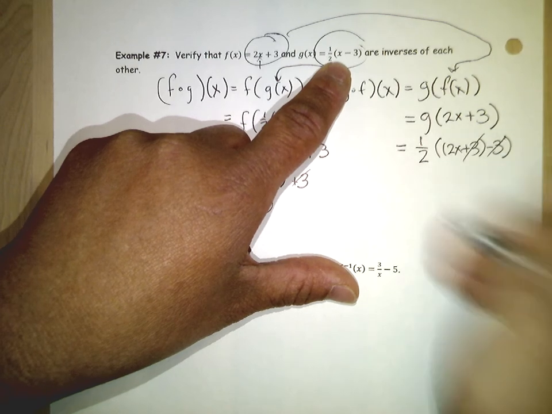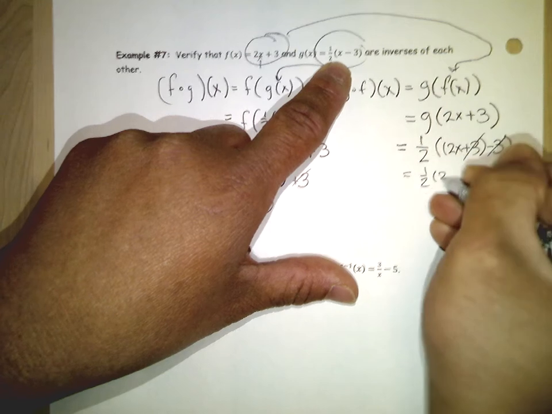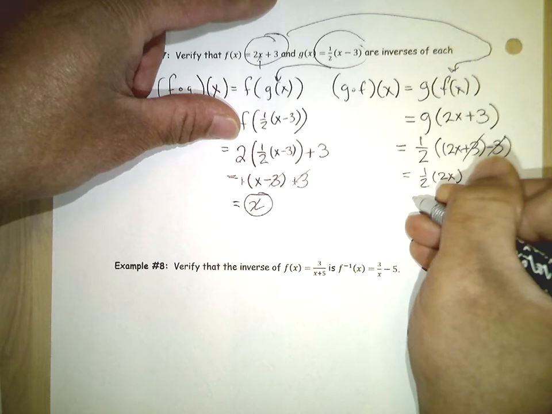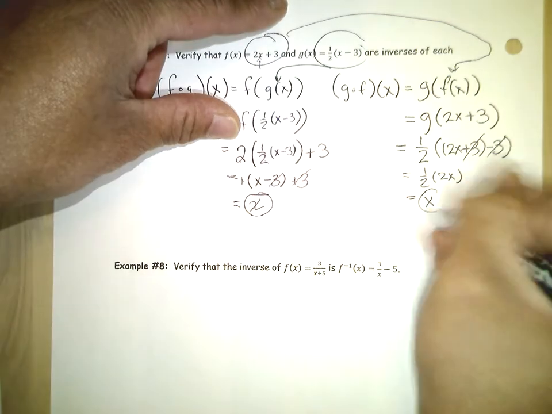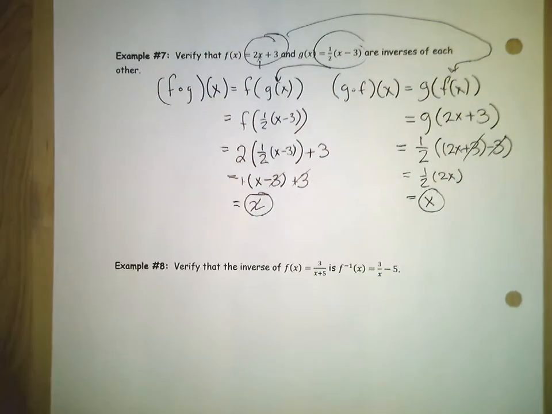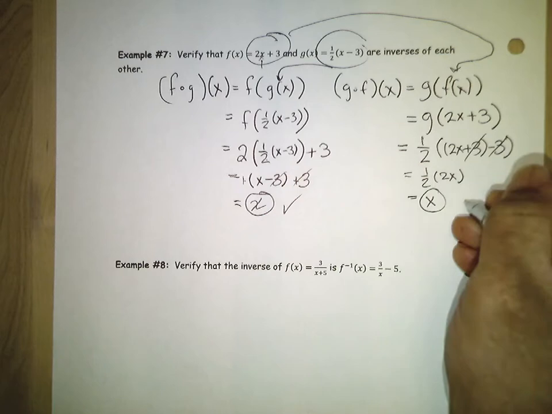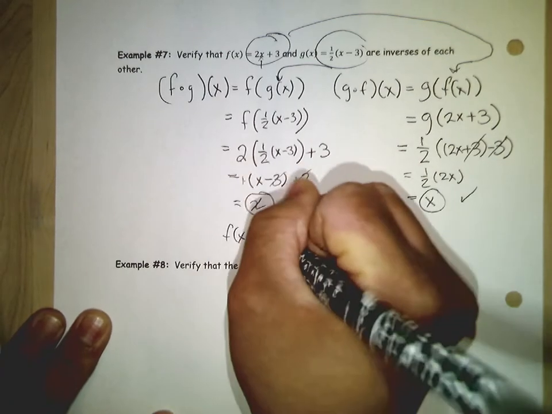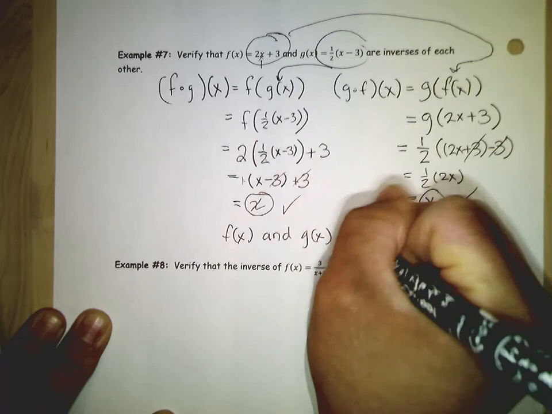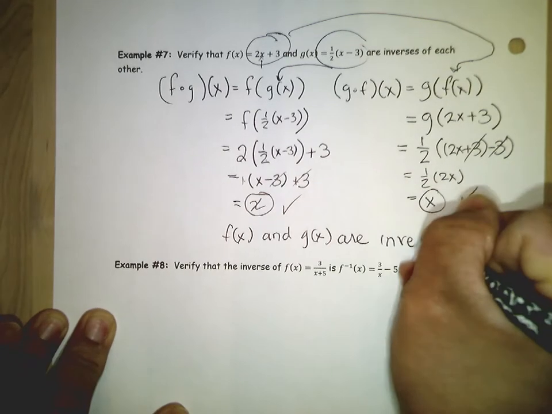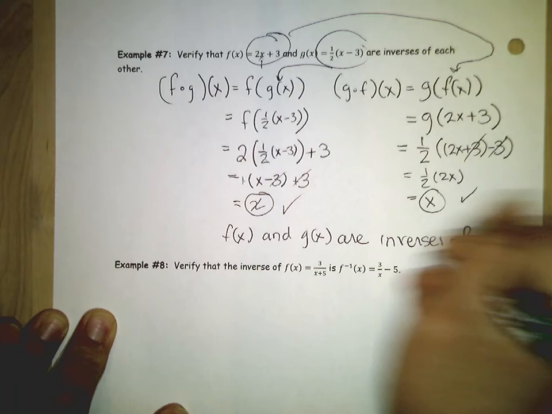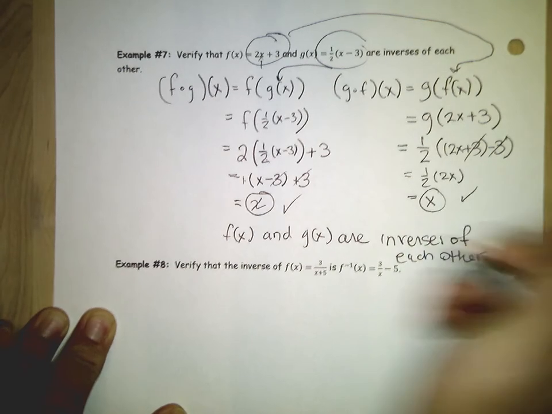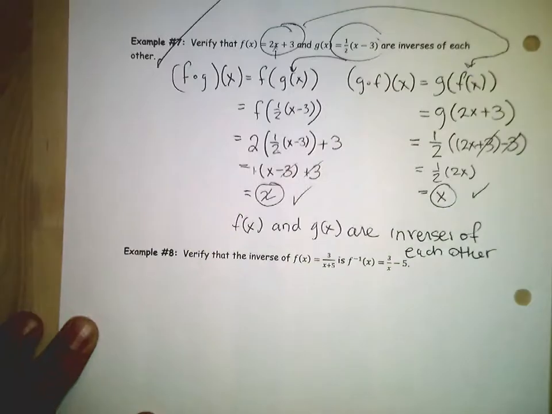The 3, 0 out, and 1/2 times 2x, 1/2 times 2 is 1, so I have x left over, or 1x. So since these are both x, that means that f of x and g of x are inverses of each other. All right, so it asked us here in the problem to verify that, and that's what we just did.